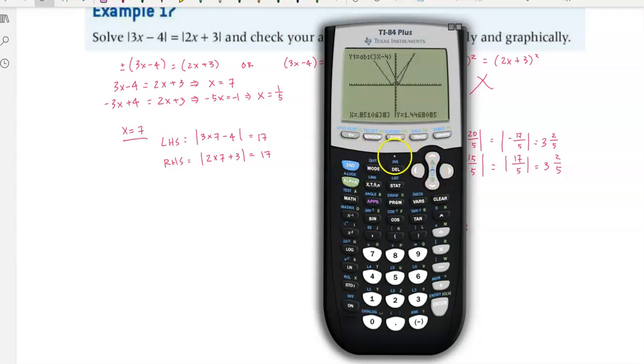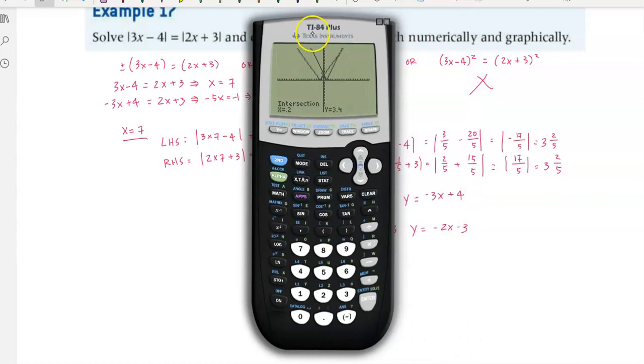If I wanted to find out, I can calculate and then find the intersection. Enter. Sure. x is 0.2, y is 3.4.